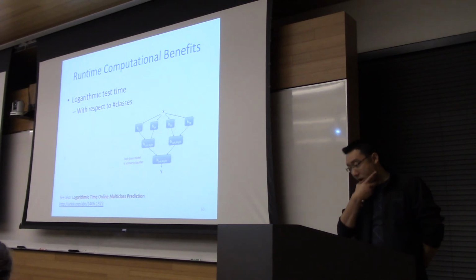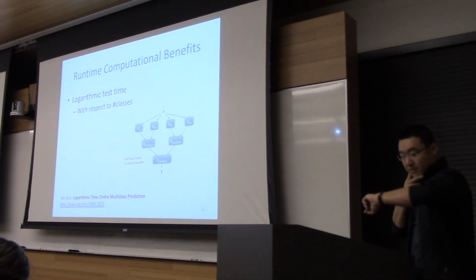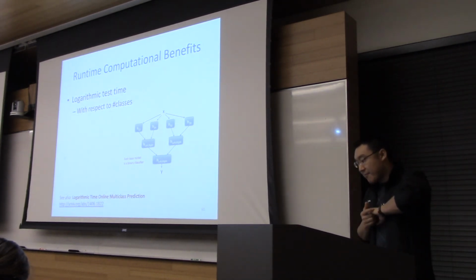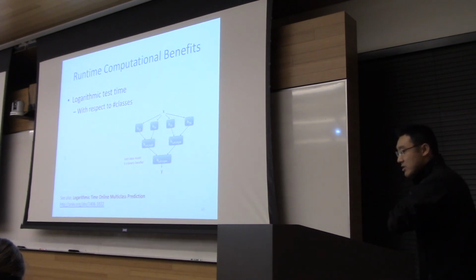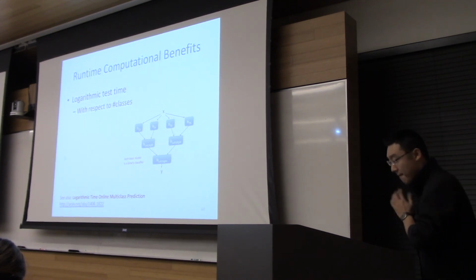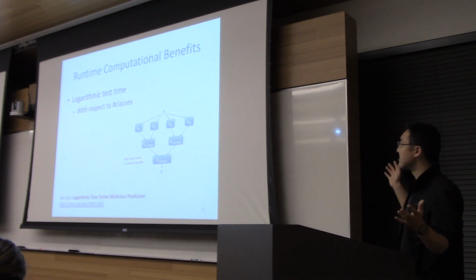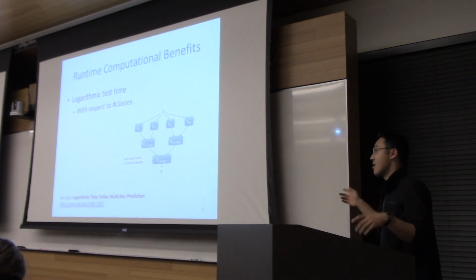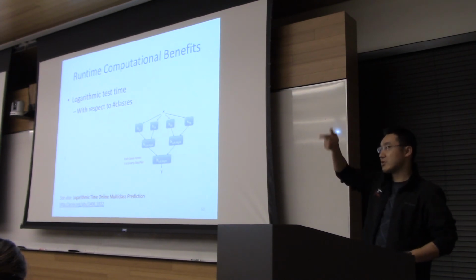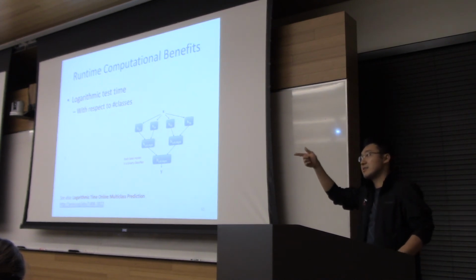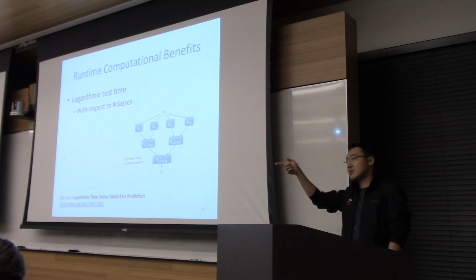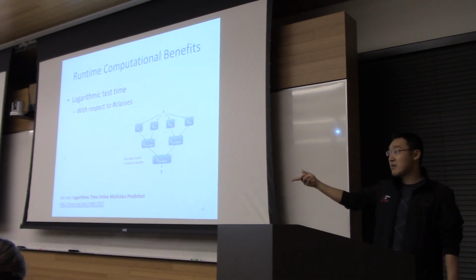Okay. So some other benefits of this approach. At runtime, it's logarithmic with respect to the number of classes. If you had, let's say 1,000 classes that you're predicting over, a one versus all model that creates a score for each of those 1,000 classes and then chooses the class that has the highest score has running time linear in 1,000.